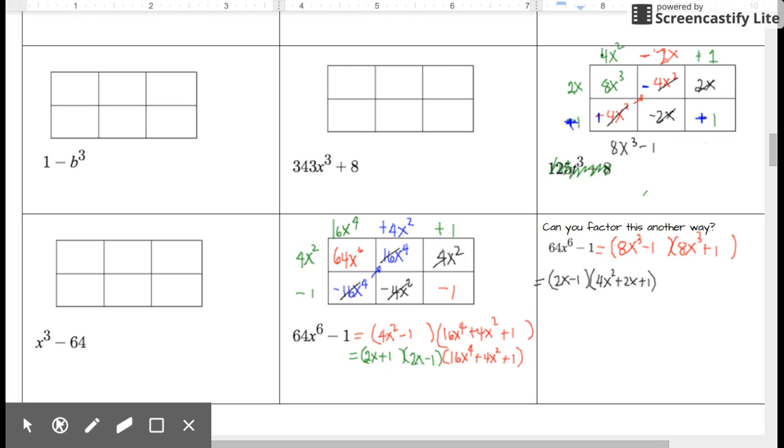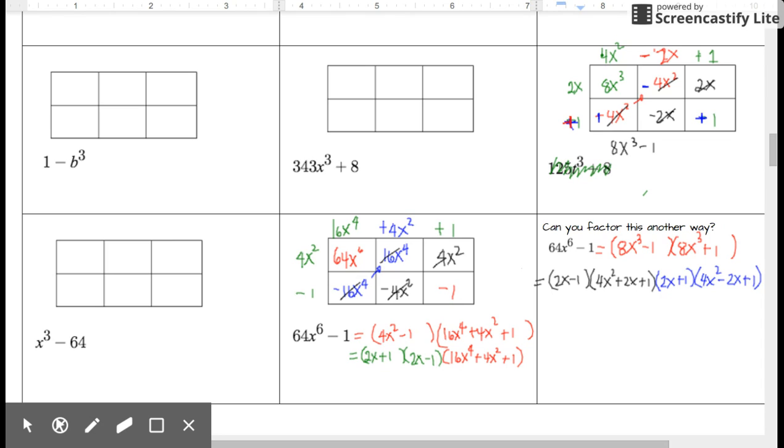And then this is plus, this will be negative 2x, and this is positive 2x. So now we found the factors for 8x cubed plus 1. So we'll put here 1 binomial and 1 trinomial. The binomial is 2x plus 1. The trinomial is 4x squared minus 2x plus 1.